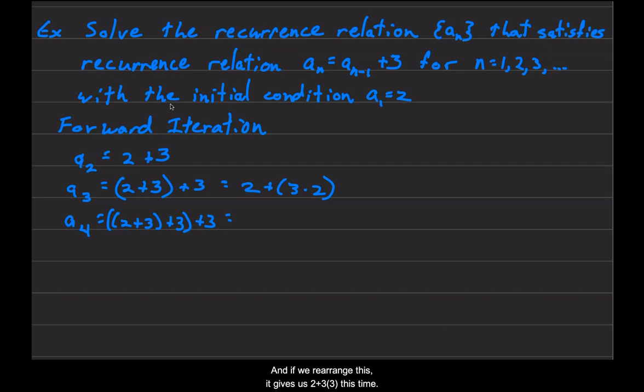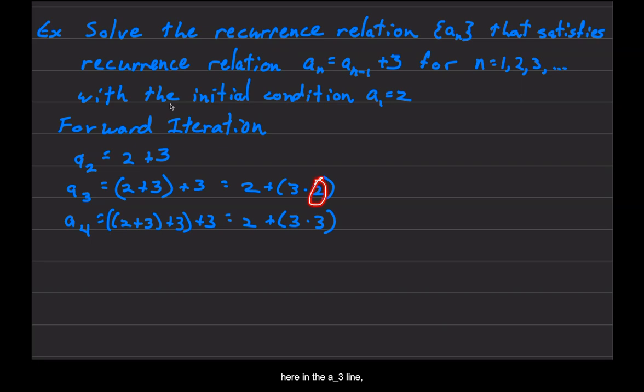And if we rearrange this, it gives us 2 plus 3 times 3 this time. And notice each time we go down a line, we are adding 1 to the number of 3's that we multiply. And that adding 1, it looks like has another relation for us here.